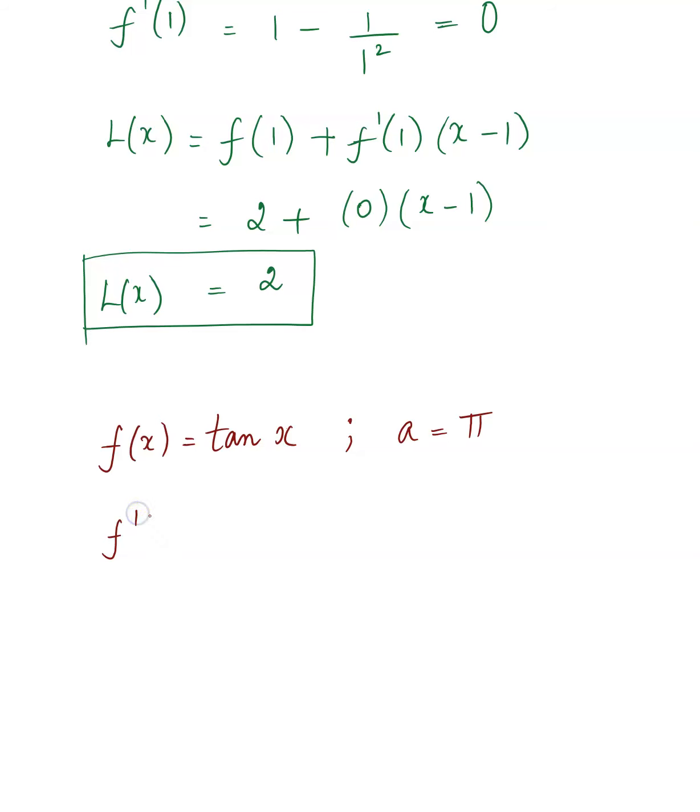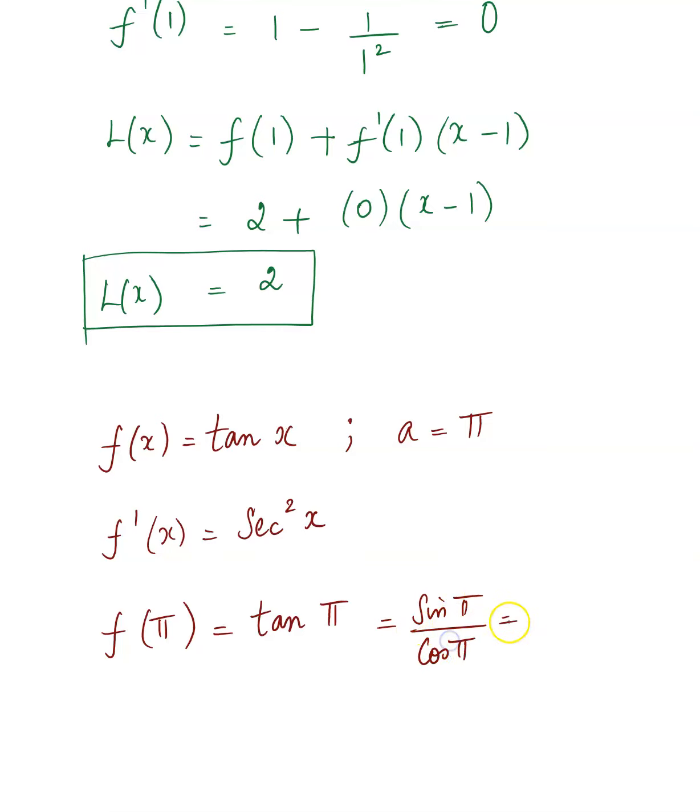So I'd like to find f prime of x. So derivative of tan is secant squared x. So I got f of x and f prime of x. Now I have to go ahead and evaluate it at pi. So tan pi will be 0 because it's sine pi over cosine pi. It shows 0 over 1, 0.